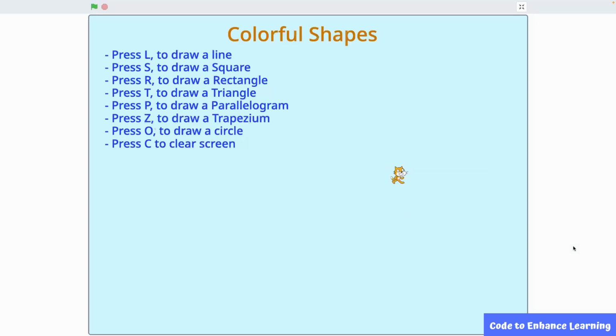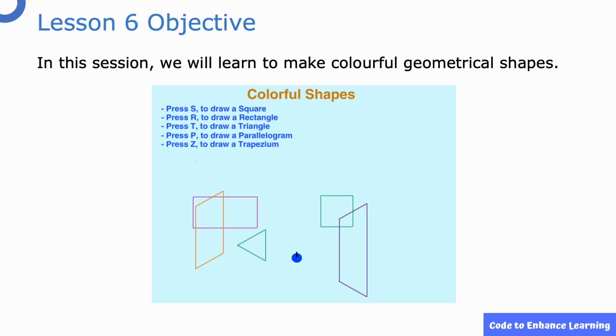O draws a circle, and so on. This is how our project should work. In this session, we will be able to create geometrical shapes like rectangle, square, triangle, circle, parallelogram, trapezium, etc.